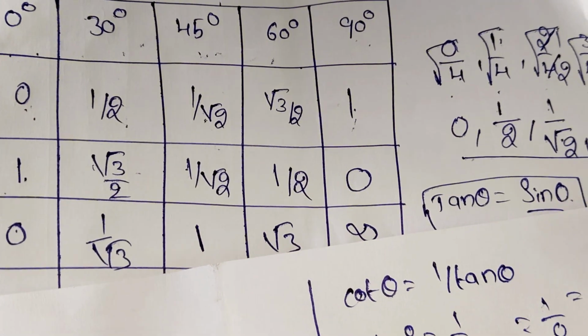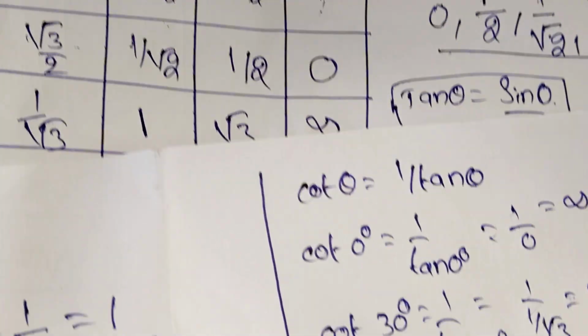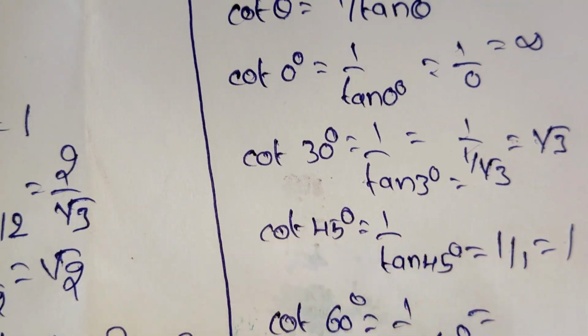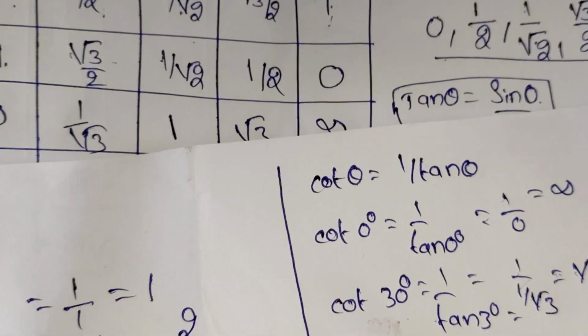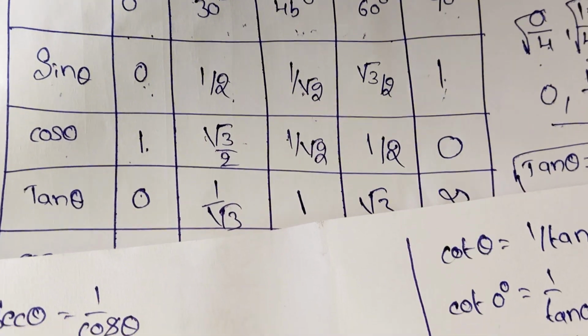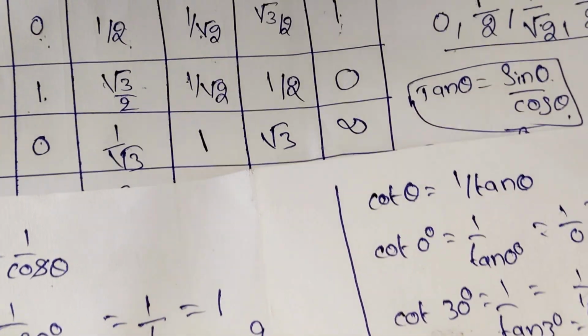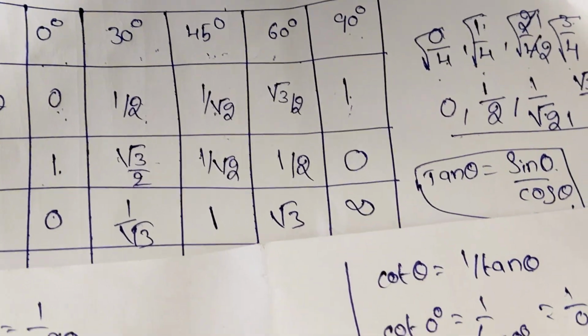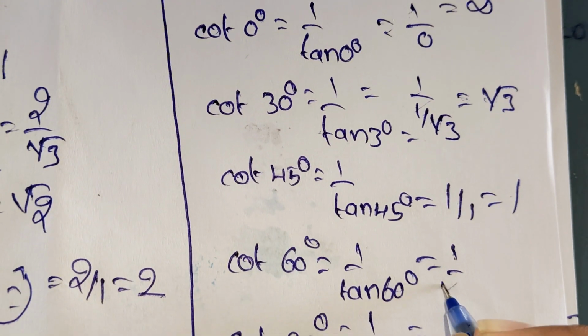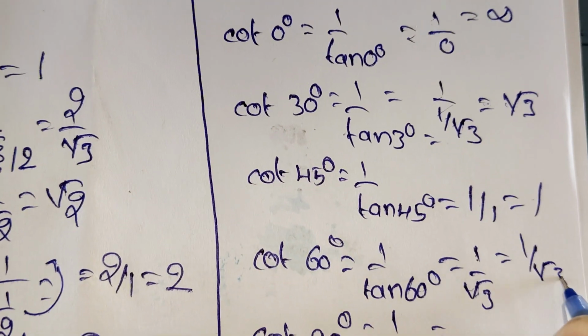Already well known, tan 45 degrees is 1. 1 by 1 equal to 1. Now going to cot 60 degrees. What is the value of tan 60 degrees? Tan 60 degrees is nothing but root 3. So this is 1 by root 3.